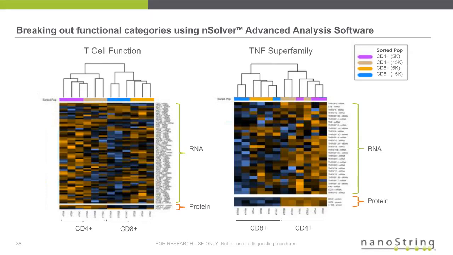So there's a whole variety of different functional gene sets and protein sets that you can interrogate within these cell populations. Again, here we see, although we start to see an intermixing of the 5,000 and 15,000 cells, we see clearly, again, the CD4s and the CD8s separating in a very, very strong protein response down here.